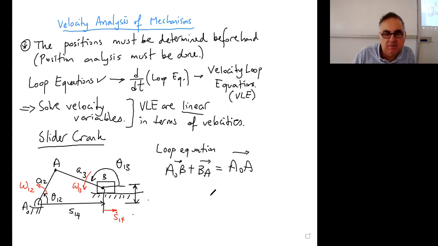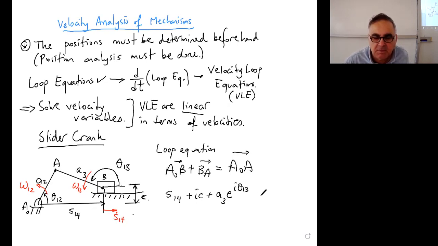So we can write the following. A0B is S14 plus this distance, the eccentricity, we call it C, let's say. So it is S14 plus iC. This is A0B plus BA. BA is A3 e to the i theta 13.